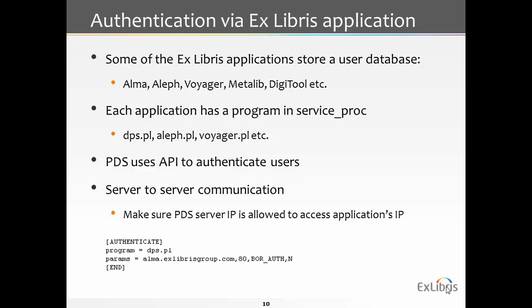So therefore, we must either configure LDAP to allow the PDS IP address, or Alma or Aleph and so on. If the IP is not allowed, we will usually receive either a timeout if it's blocked in the firewall, or we can receive an actual error message in the log saying your IP is not allowed to access.